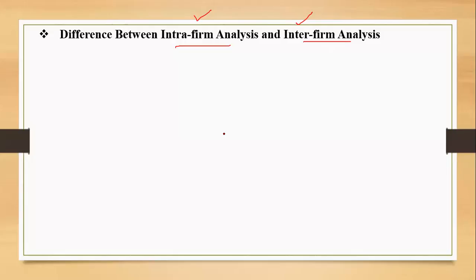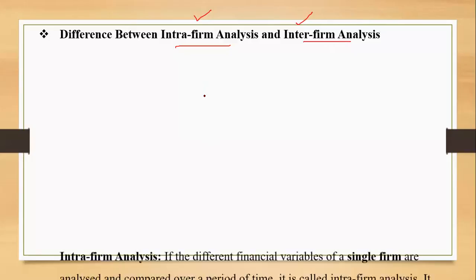And intra-firm means comparison with your own firm, but over different years. Different years, that's very correct. Intra is within the firm itself, and inter is between 2 different firms. Okay, so that's what it is about intra-firm and inter-firm analysis.